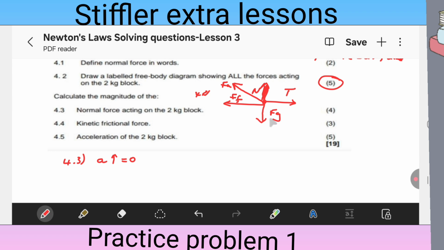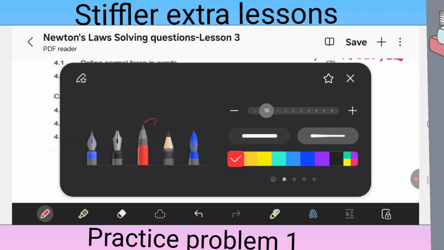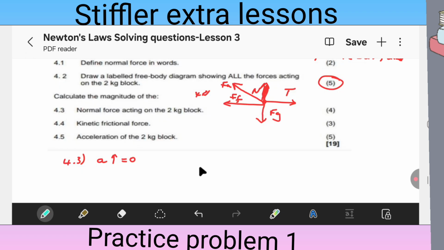How many forces are acting upwards and downwards? Let's draw another diagram to illustrate the upward motion. The applied force will have two components, F at x and F at y.